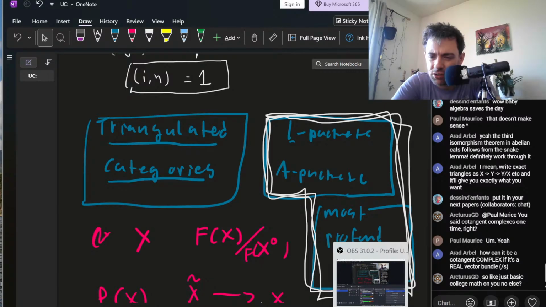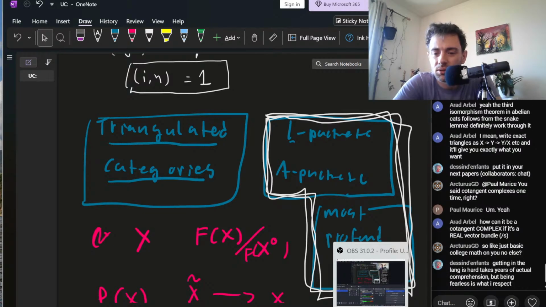Just basic college math and else? Well, I mean, you can read more advanced things, but just don't pretend that you... Like, if you don't actually know the definitions of these things yet, there's so much more you have to do before you're ready for algebraic geometry.